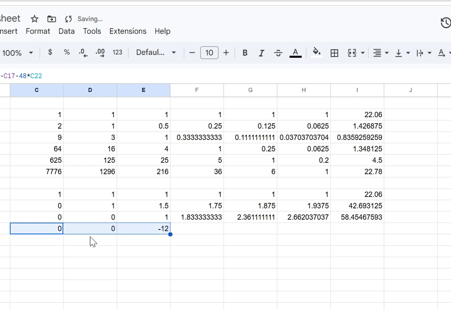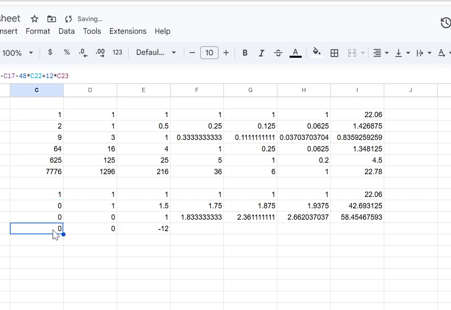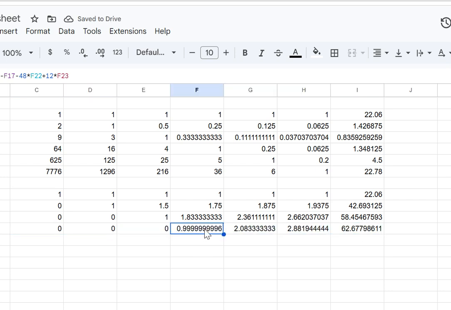And then I drag that over, that gets rid of the 0 here. Now I'm stuck with the minus 12 here, but that's easy. We just do plus 12 times, I want to do the third row. And as I drag that over, now we're left with almost 1.